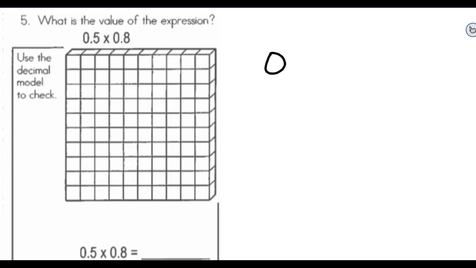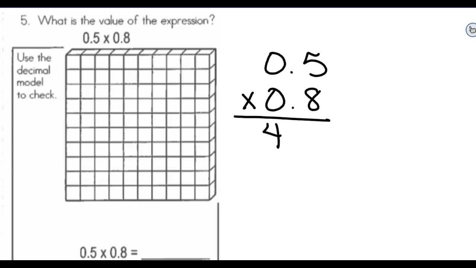Here I have 5 tenths times 8 tenths. I'm going to ignore my decimals, and I'm going to look at it as 5 times 8, and that is 40. I'm going to ignore the whole zero process thing and just look at it as 5 times 8, just as if these weren't there.